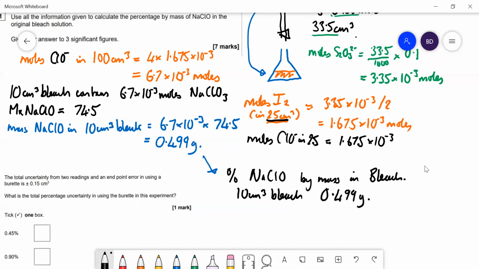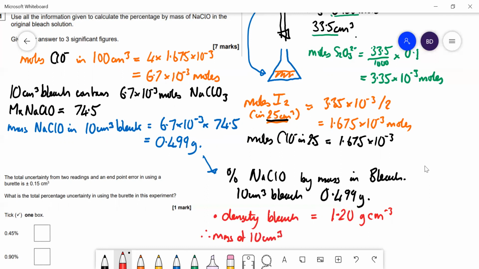Earlier it told us that the density of the bleach is equal to 1.20 grams per centimeter cubed. So therefore the mass of 10 centimeters cubed is density times volume.